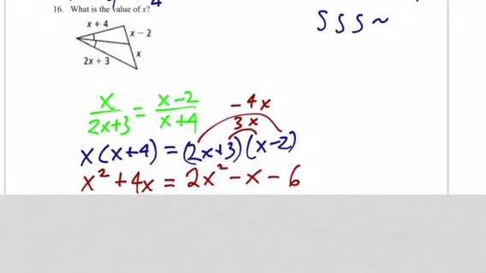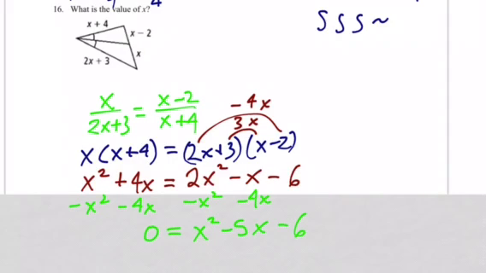Now it is quadratic, so we do want to get everything on the same side, so I would suggest subtracting the x squared and the 4x. And let's see, then that would give us 0 equals x squared minus 5x minus 6. Again, if you don't like factoring, you could use the quadratic formula.